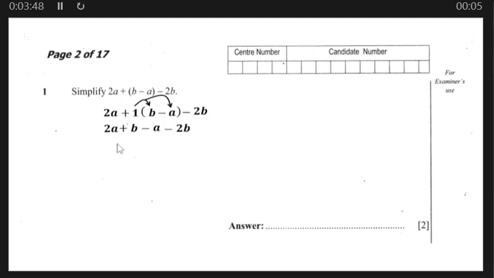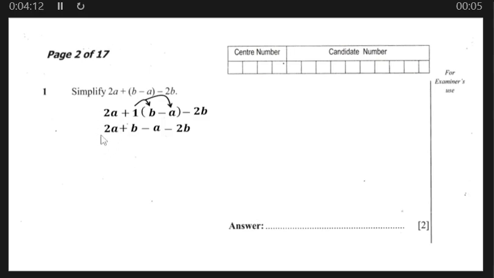From here, we simplify by collecting like terms. Like terms are terms which have similar letters. How many terms are in this expression? We have this term, this term, this term, and this term. There are 4 terms. Which ones have like letters?